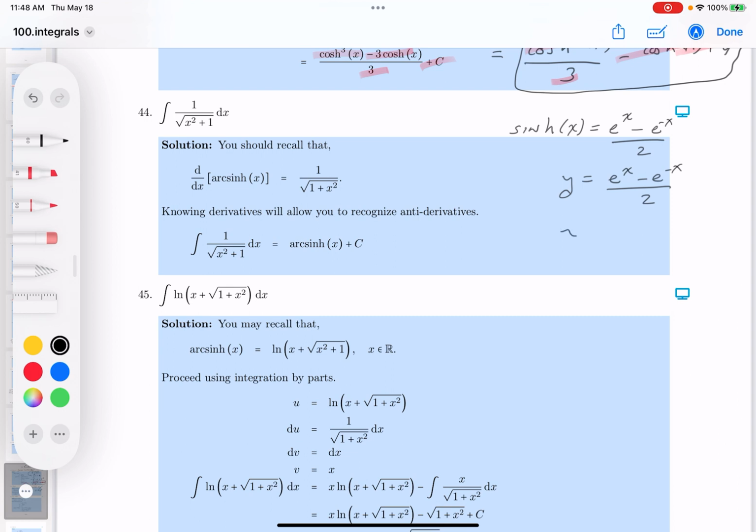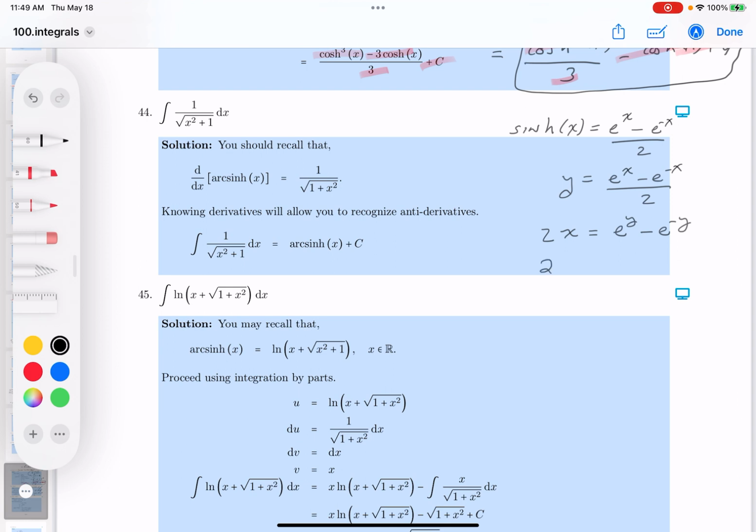So it's going to be x equals e to the y minus e to the minus y, over 2. I can multiply both sides by 2. And what I'm going to do now, I'm going to multiply both sides by e to the y.